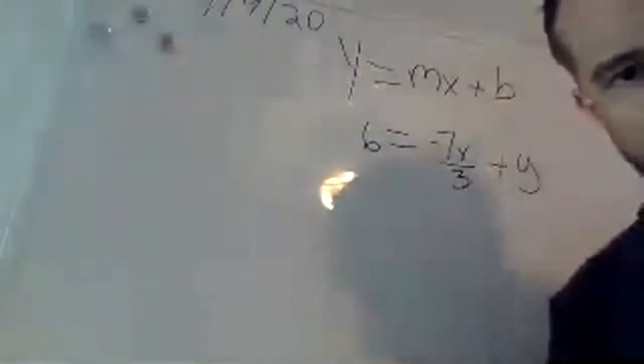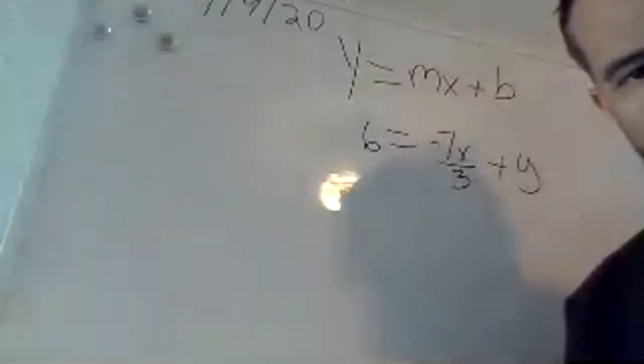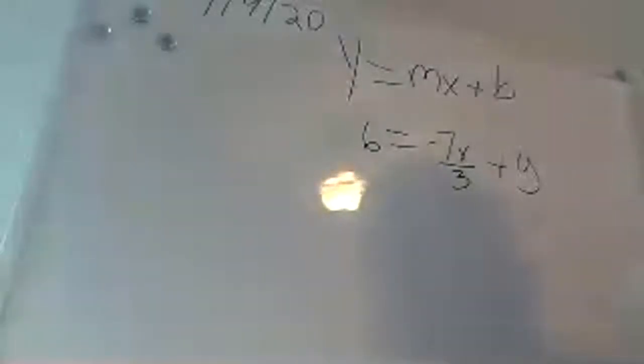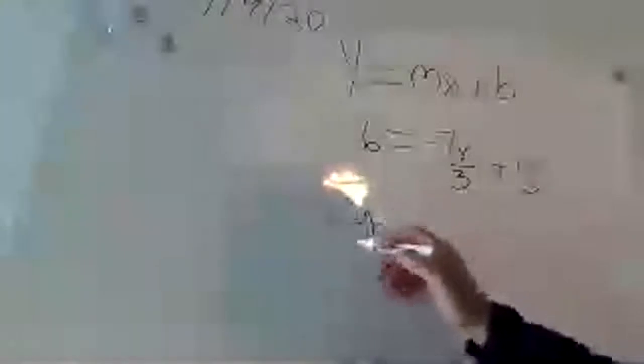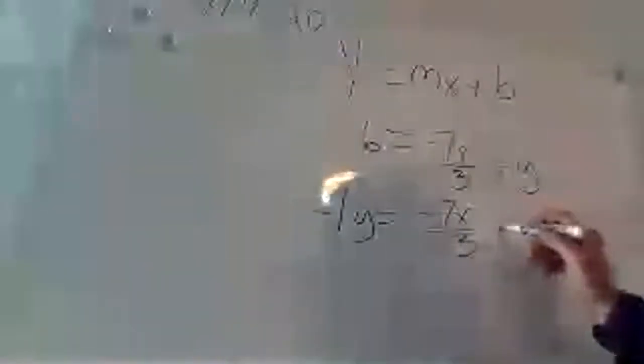Is it going to turn into a negative y? It is. So it'll be y equals negative 7/3 x negative 6. Okay, now you said that when the y goes across the equal sign, it becomes a negative y, right? So it'd be negative 1y equals negative 7/3 x minus 6.